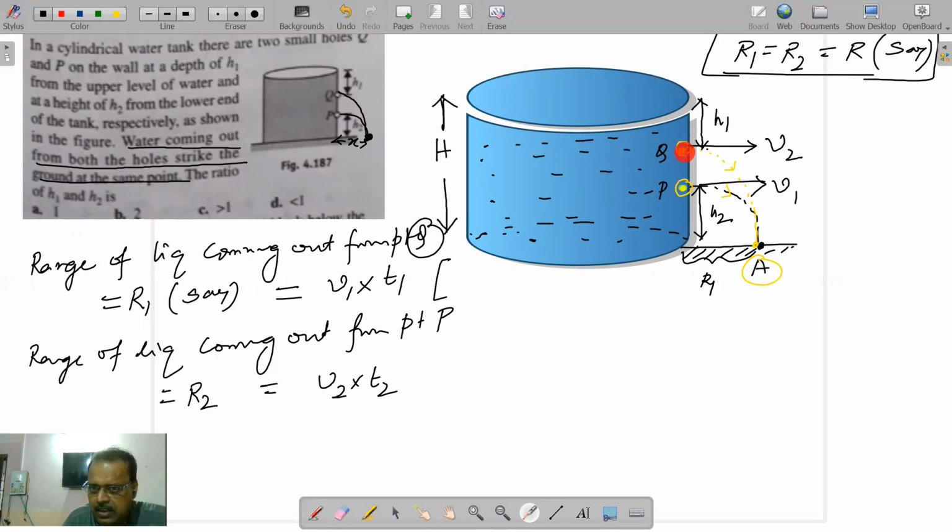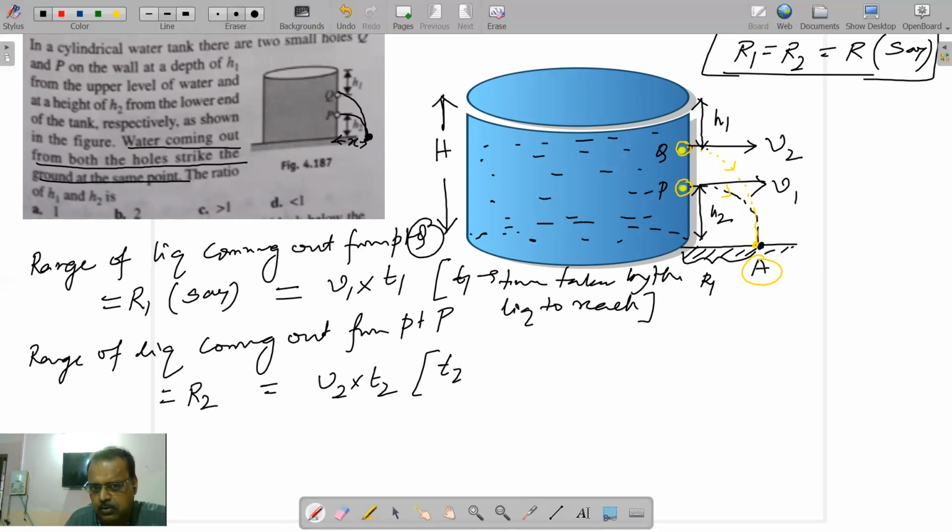That means after releasing from the point Q, how much time is taken by the liquid to reach the ground A, that is T1. So T1 is basically the time taken by the liquid to reach the ground.